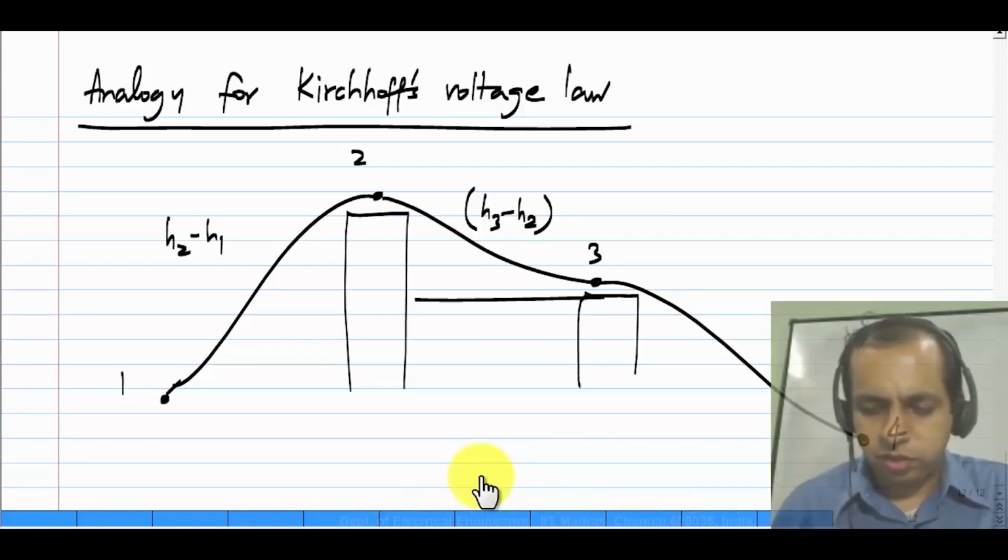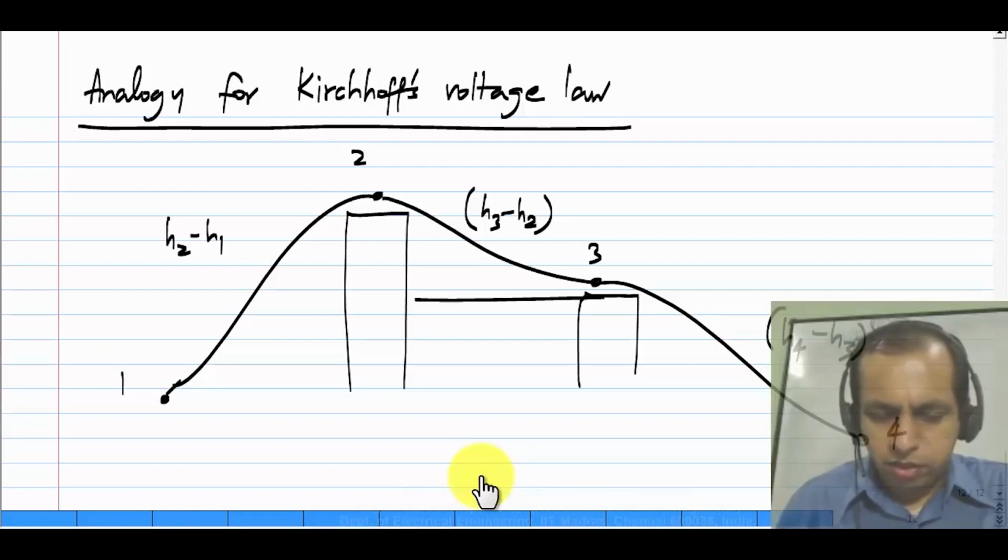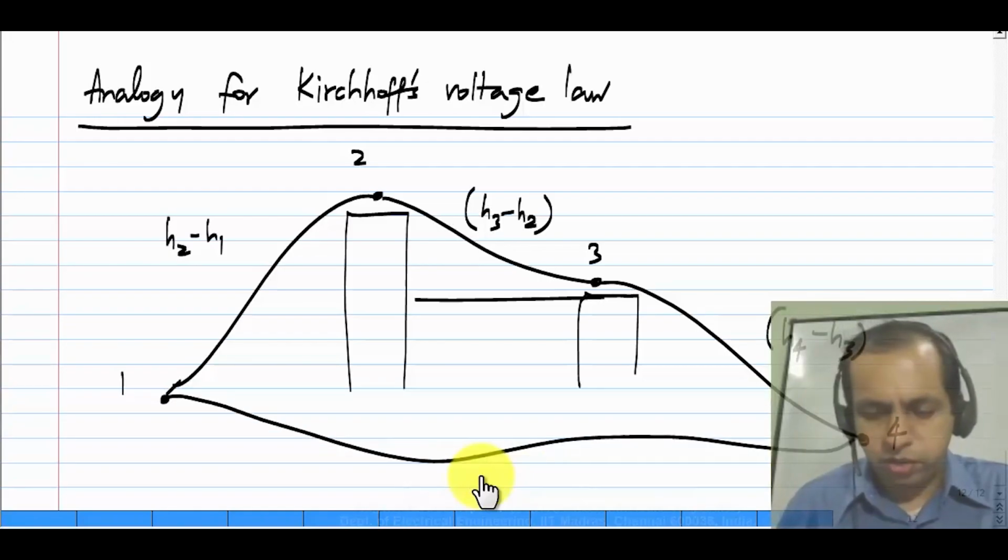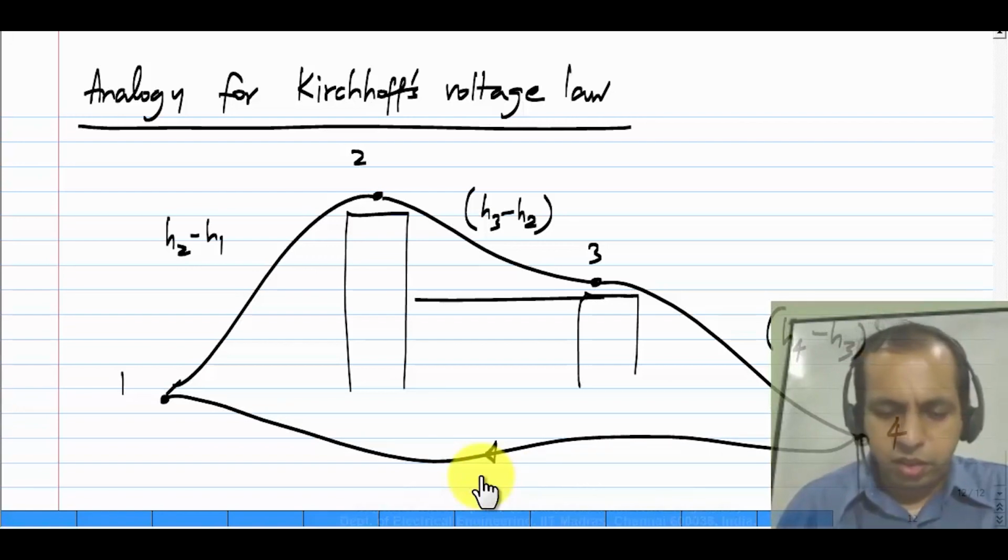So I will have h4 minus h3, and finally you come back to where you started off with. You will gain a height of h1 minus h4.